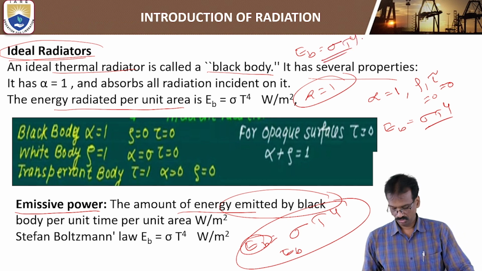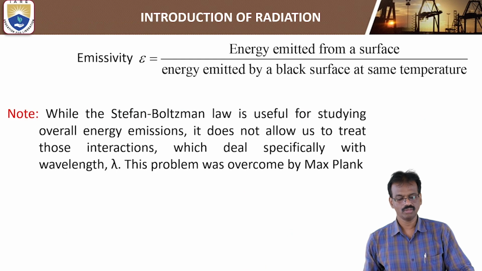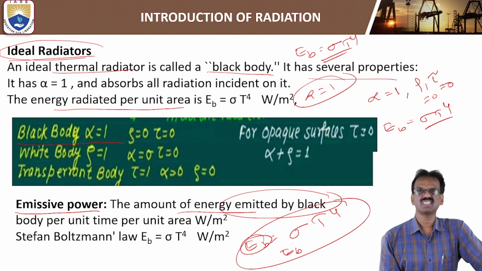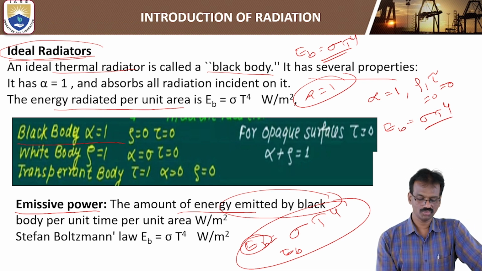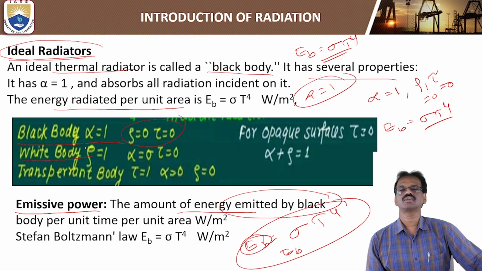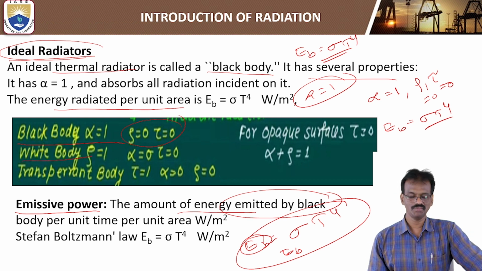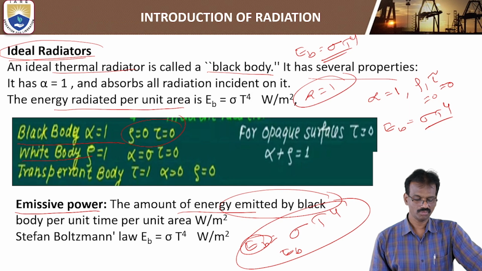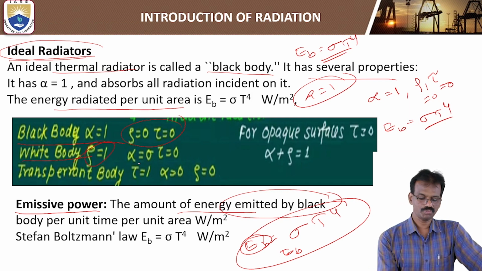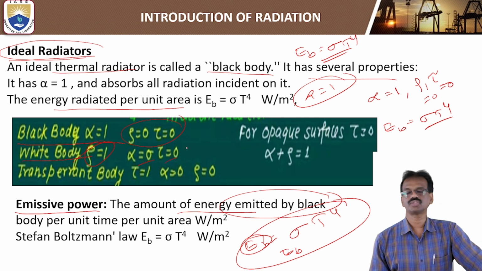Okay, so we'll see some types of other surfaces. A black body is nothing but alpha equal to 1, which means reflectivity and transmissivity are both 0. A white body is the opposite of the black body, in which reflectivity rho is equal to 1, and absorption and transmission are 0.